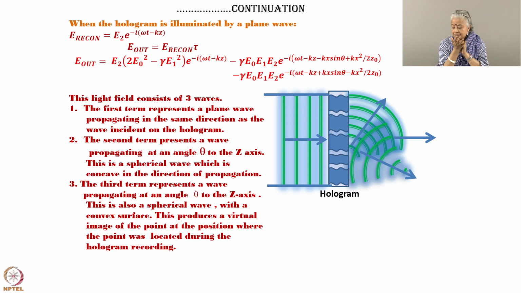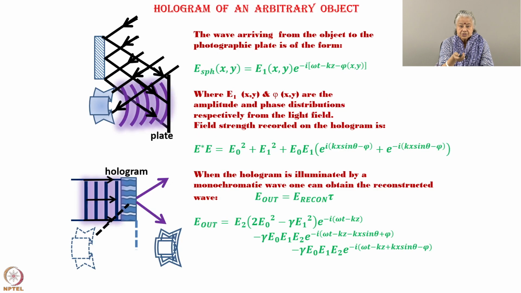Okay. So now let us see what happens if there is a hologram of an arbitrary object. So I have just given the arbitrary object which looks something like this. This is my object. It's not a point source, it's not a plane wave, it's just something.